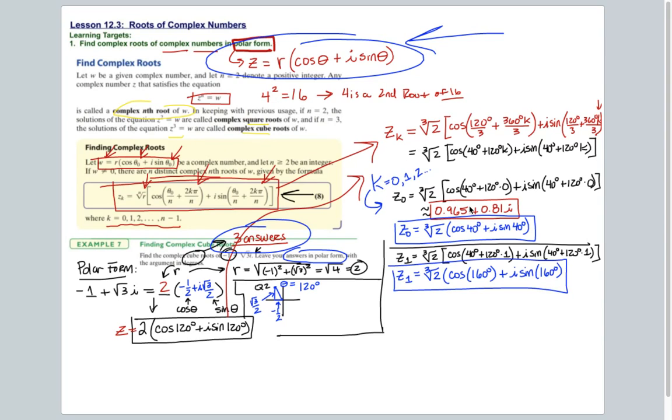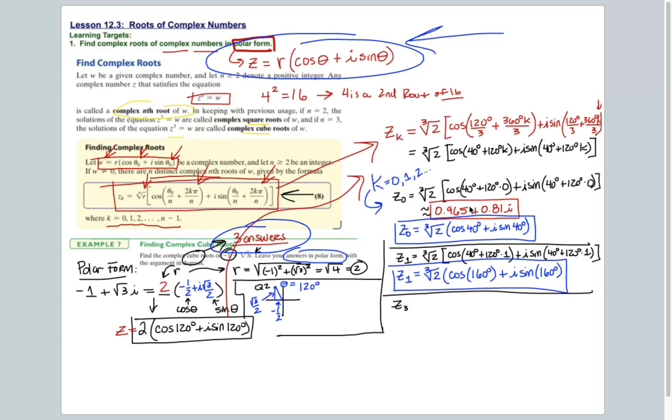Then the third cube root is going to be based on the same thing. Notice the pattern here. We went from 40 to 160. The next one is going to go up to 280. We can look at that as a pattern if you want to. The last cube root, our final piece of the answer, is going to look like this.